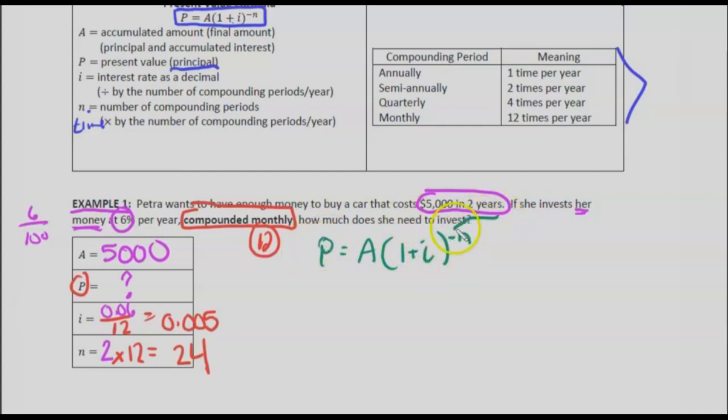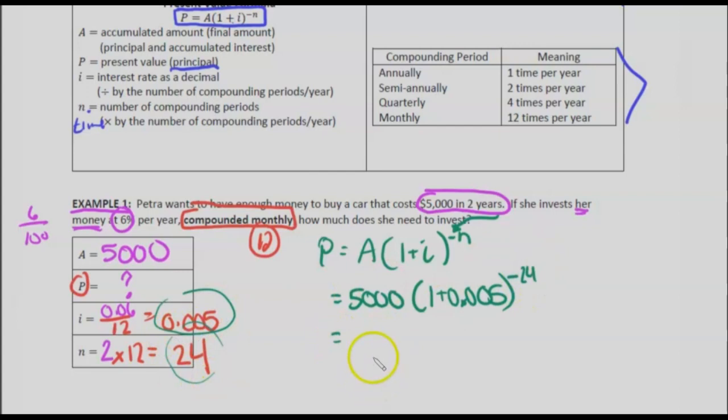Okay, and be very careful. This is a negative this time. I don't know if we've seen that yet. So A is going to be 5,000. 1 plus I, our I is 0.005. There we go. And then it's the exponent negative n. So it's going to be negative 24.